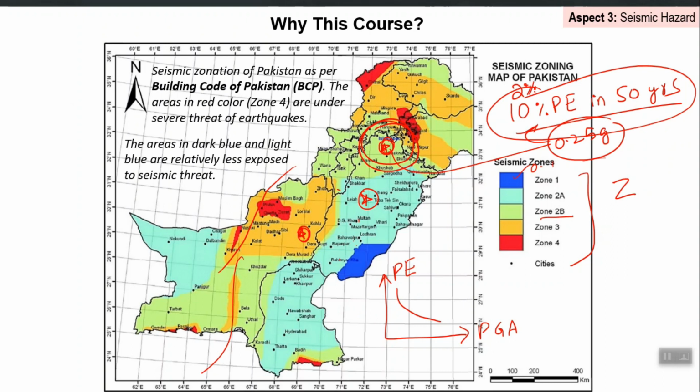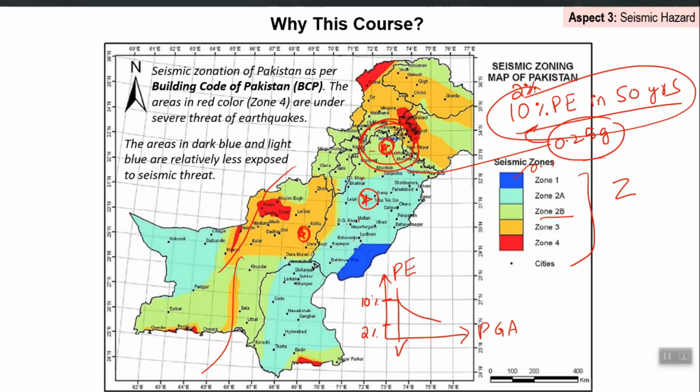Now, the map is constructed by following one definition, one map, one definition, right. For example, this is 10%, this is 2%. So what I can do is that for each dot or each pixel in this map, I can construct the hazard curve from the PSHA process and then fix one definition, like let us say 10%, and pick the PGA value from each of these curves for all these pixels and convert that into a map.